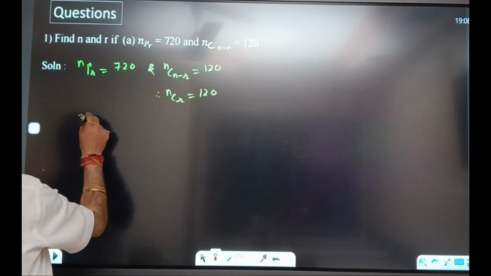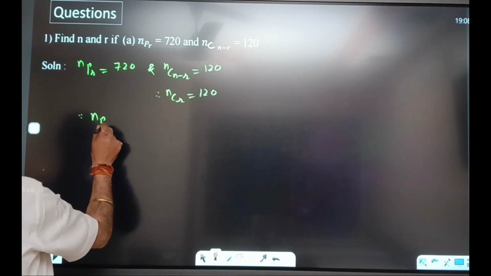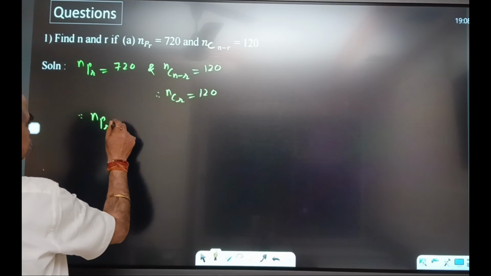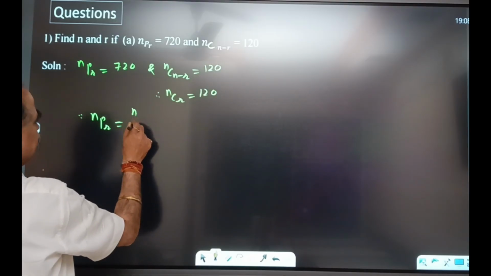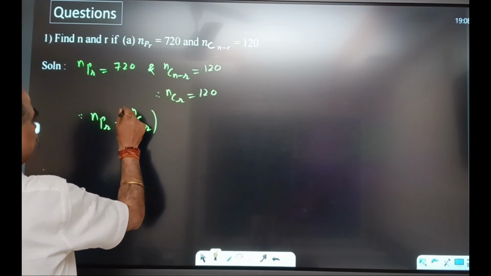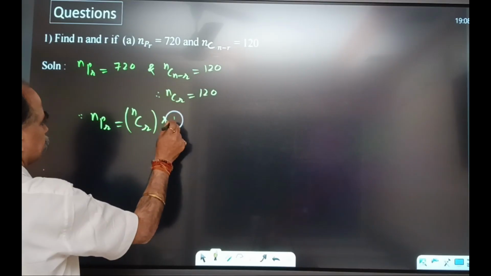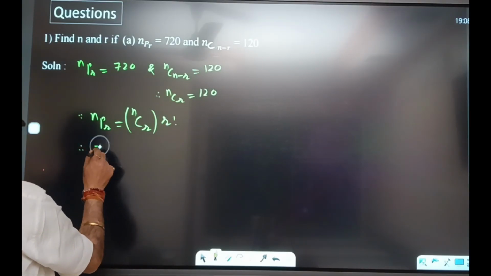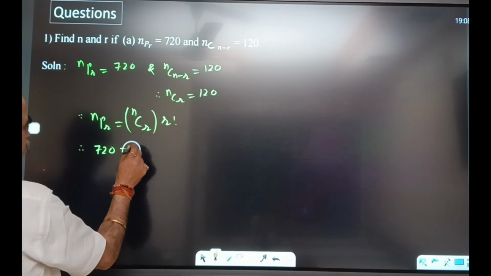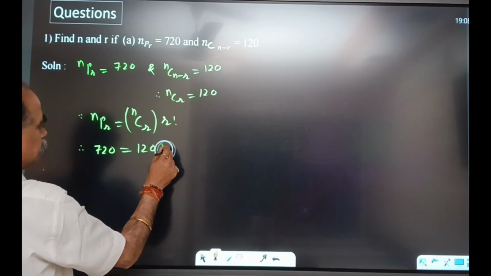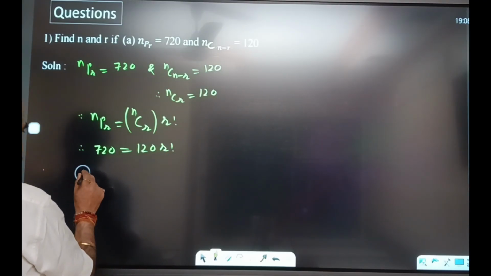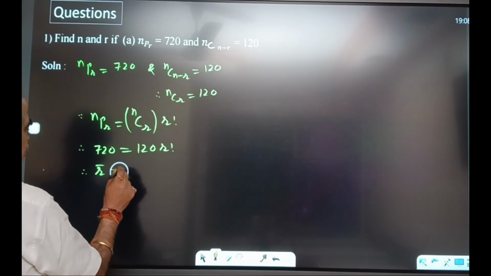Since nPr is equal to nCr into r factorial, 720 is 120 into r factorial.